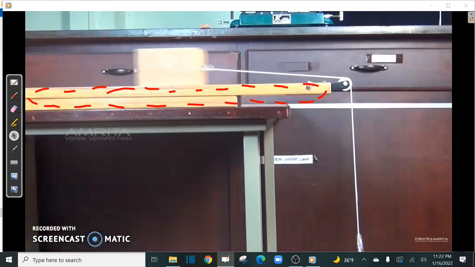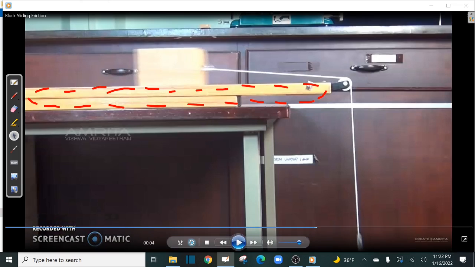If the table imparts a force towards the left on the block, then by Newton's third law, the block must impart a force on the table toward the right. So that's Newton's third law. For every action, there's an equal and opposite reaction.